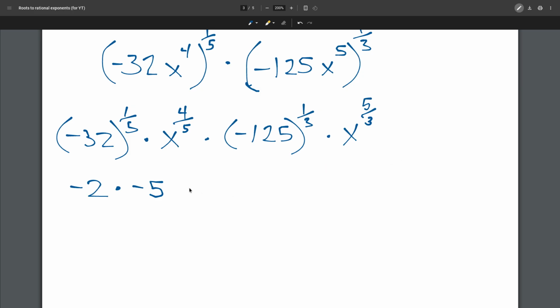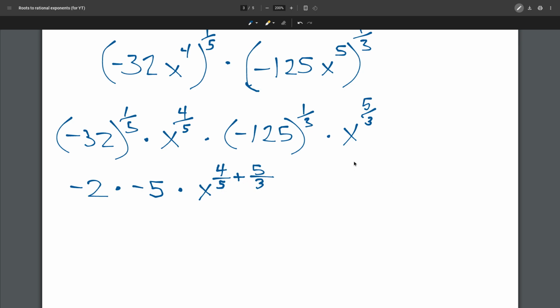And then let's do times x. We're multiplying two variables, the same base, so we're going to add the exponents. So it's going to be x to the 4/5 plus 5/3. So we're going to have to come up with a common denominator. And looking quickly, it's probably going to be 15.